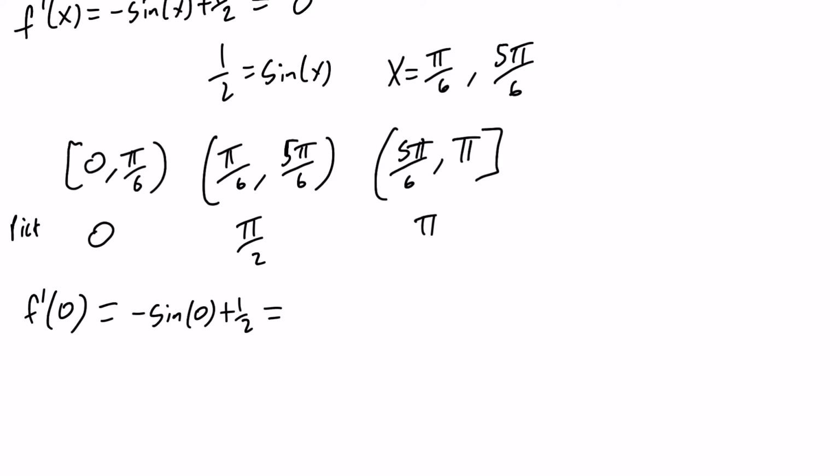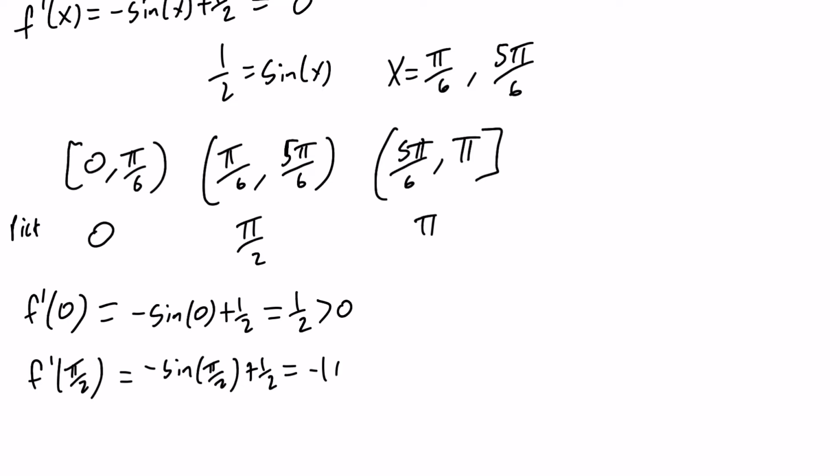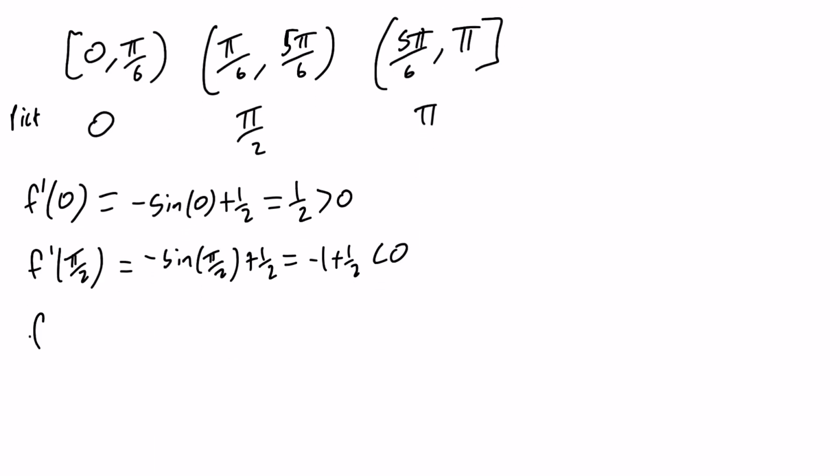Sine of 0 is 0, so this is just 1/2, which is positive. f prime of pi over 2 is minus sine pi over 2 plus 1/2. This is minus 1 plus 1/2, which is negative. And then lastly, f prime of pi is minus sine pi plus 1/2, which is 1/2, which is positive.